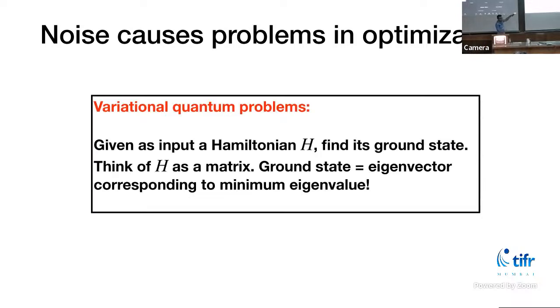The problem setup is as follows. Say I give you a Hamiltonian, and I tell you to find its ground state. This is a CS way of looking at the same problem. There's some matrix, you do the spectral decomposition, and you try to find the vector corresponding to the minimum component of the spectrum. Did this task make sense?